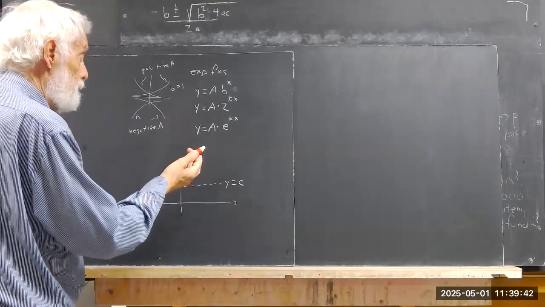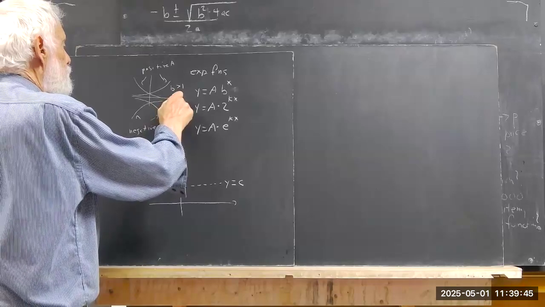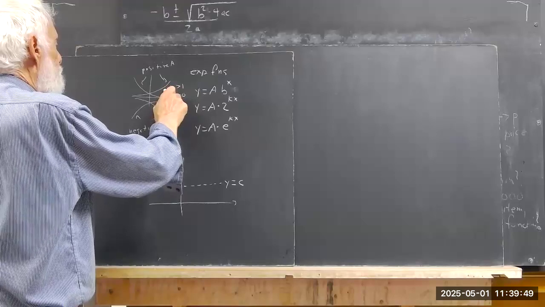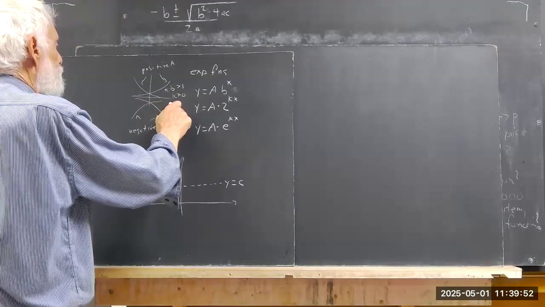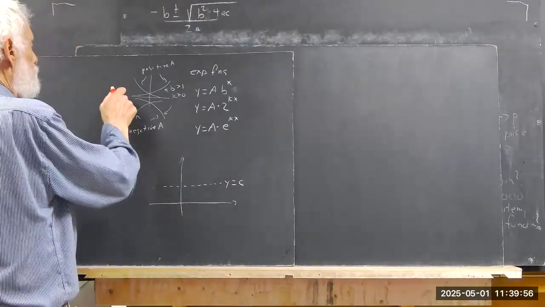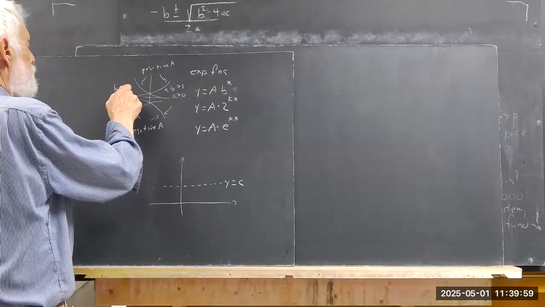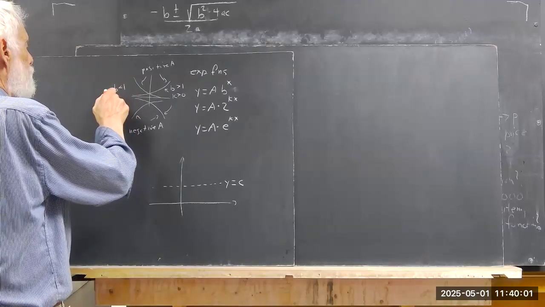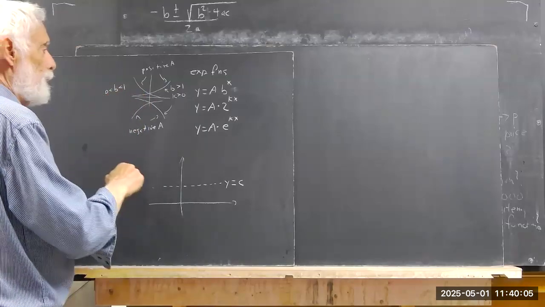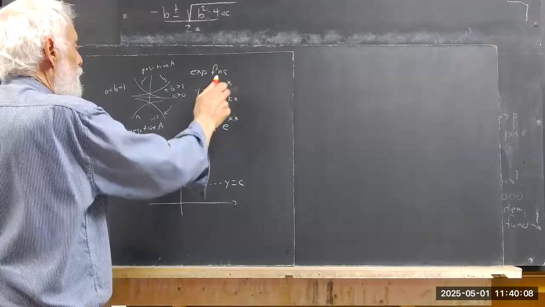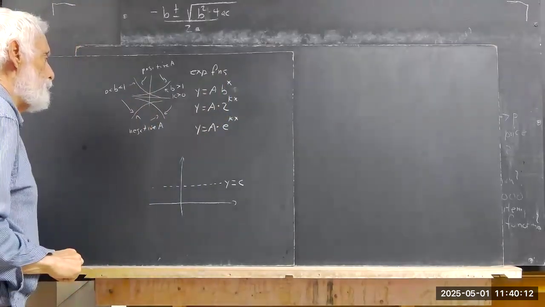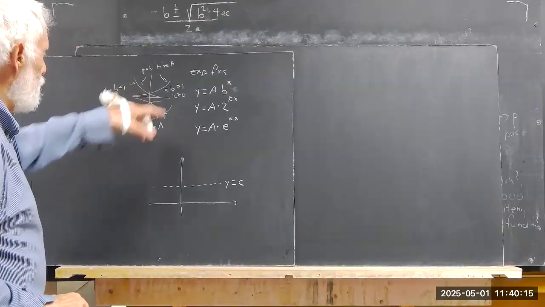B greater than 1, A greater than 0, give you this graph or this graph. B less than 1 and it has to be greater than 0 because you can't take an arbitrary power of a negative number, gives this graph or this graph.